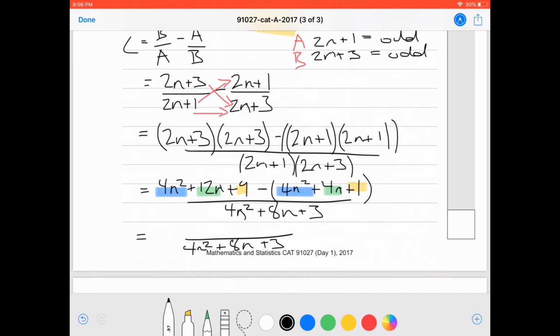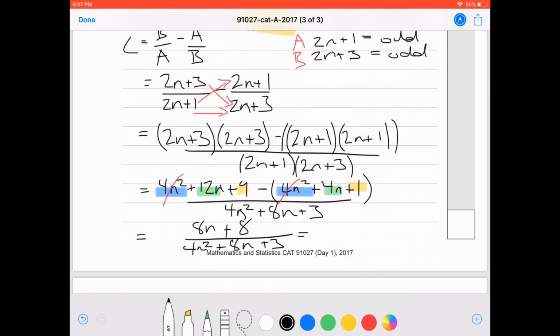So we've got 4n squareds cancel, and it's 12n minus 4n, which is 8n. 9 minus 1 is positive 8. Okay. And we can't go any further.